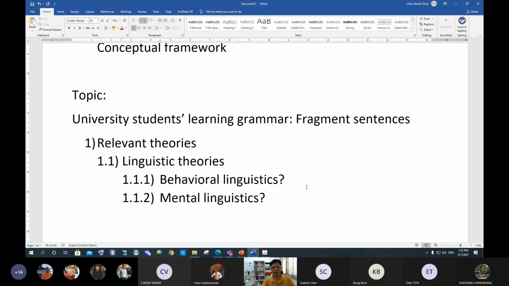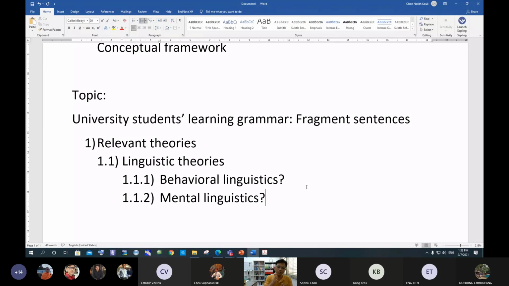So when we are born, we have one part of our brain, the universal grammar, which is stored in the language faculty. So when we are exposed to any language before the puberty period, our brain's function helps us acquire the language that we are exposed to.